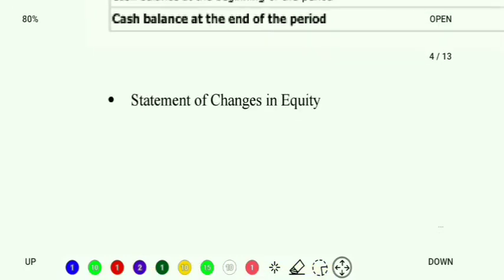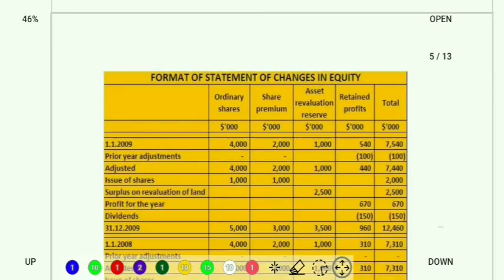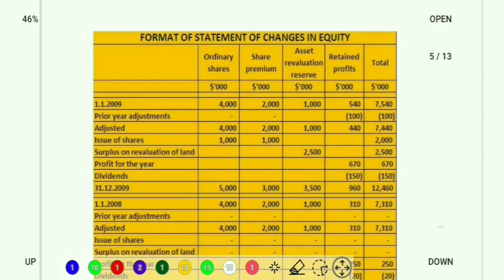Next is my statement of changes in equity. Now what is statement of changes in equity? It tells us about the capital structure of the business, how much equity it has, how much it has reinvested. See, over here is the format of changes in equity. Suppose how much was your previous year adjustments, how much you have issued the shares, what is your surplus.